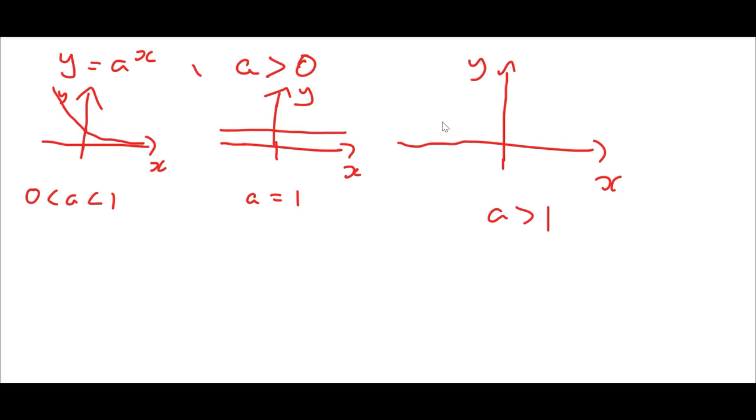When we've got negative powers, y equals a to the minus x is equal to 1 over a to the x. So when we have those negative powers, as they get bigger and bigger, it gets smaller and smaller. We come up to 1, then we shoot up. So as I say, it's just the opposite of this graph.